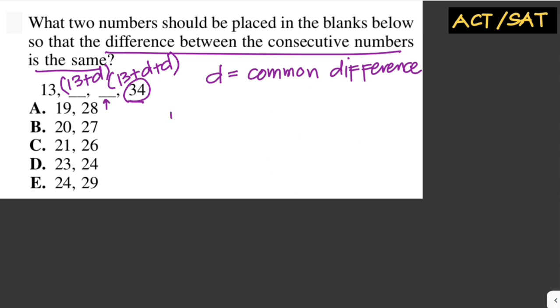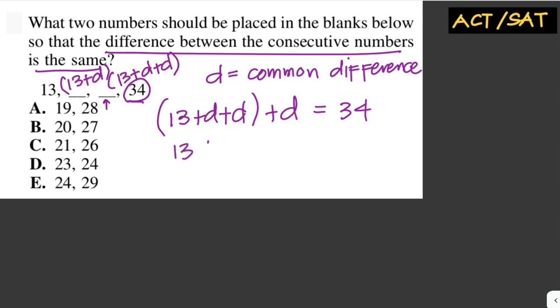So that would be 13 plus D plus D plus the common difference is just equal to 34. And now we can solve for the common difference. So that will be 13 plus D plus D plus D. So that is 13 plus 3D equals 34.